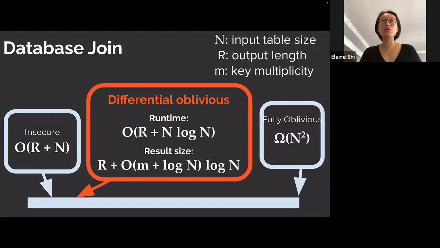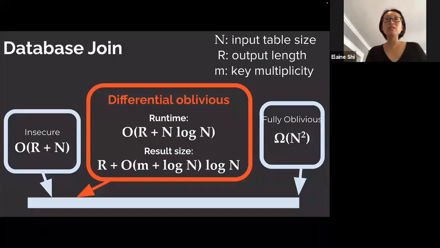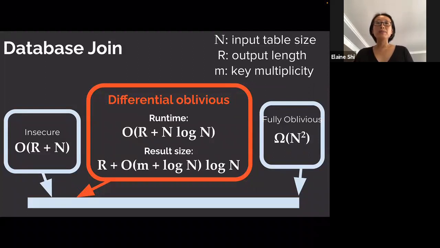So we show that with differential obliviousness, we can almost match the performance of the insecure algorithm. Specifically, we can achieve R plus N times log N runtime. And essentially the result size is R plus some extra padding term. And that's roughly M times log N, where M is the frequency of the most frequent key.